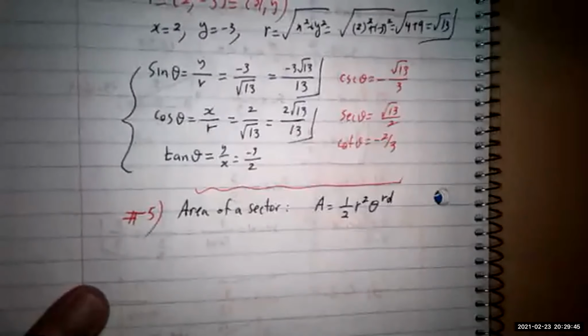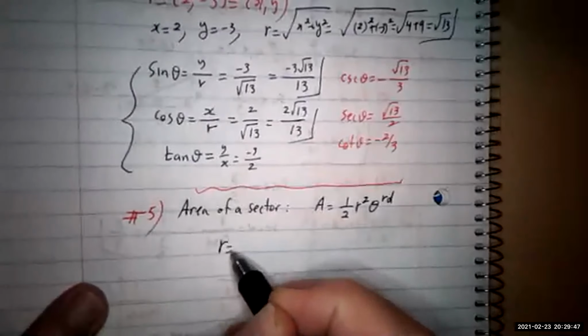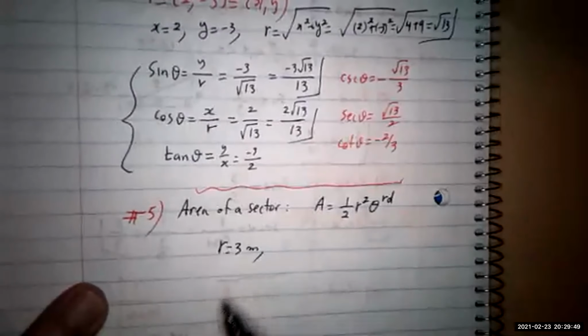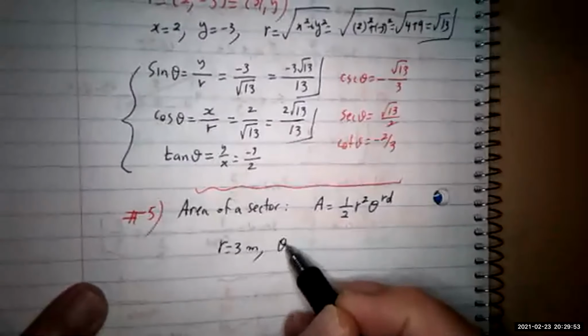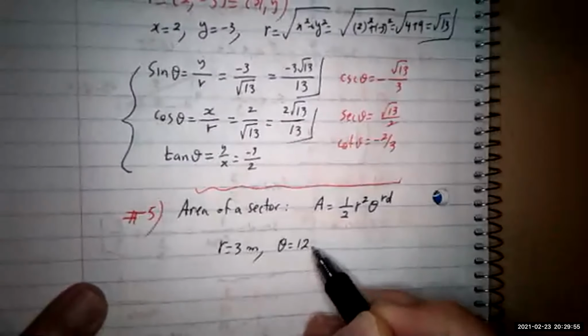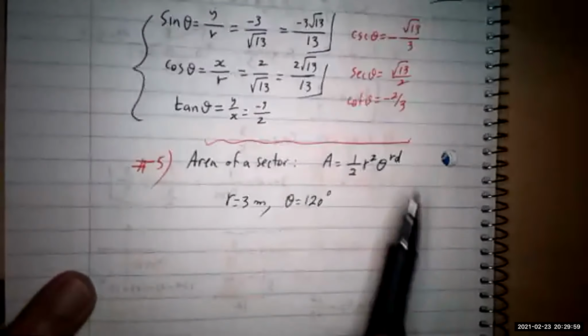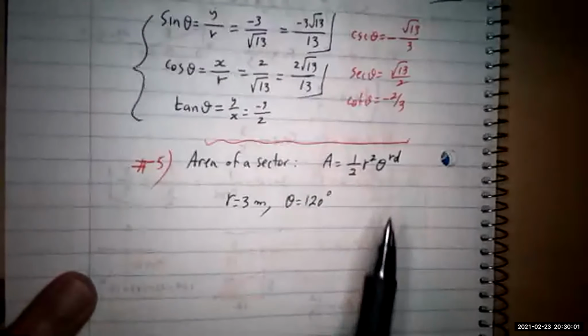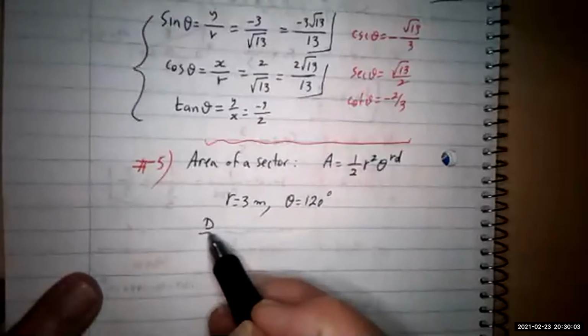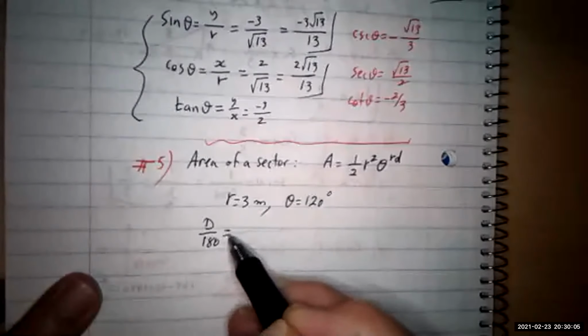The radius is given as 3 meters, and the central angle is 120 degrees. You have to change it to radians. So this is it: degrees over 180 equals radians over pi.